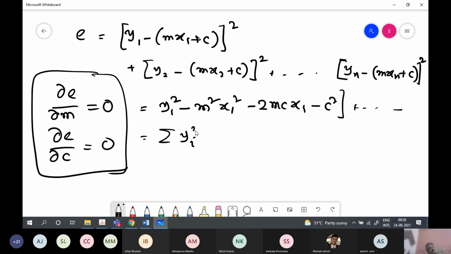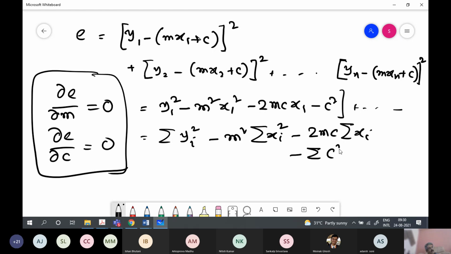So finally, when you add them, plus dot dot dot, you get sigma yi square minus m square sigma xi square minus 2mc sigma xi minus sigma c square, which equals nc square. This term, sigma c square, means nc square.